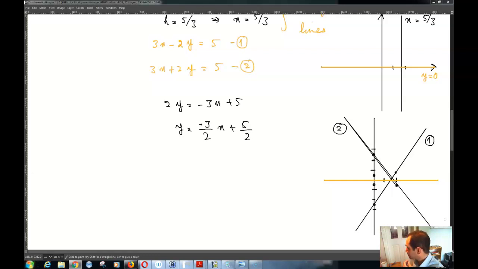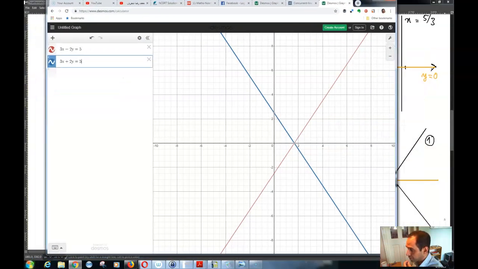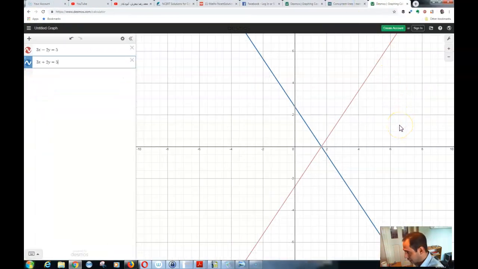As I mentioned, you see that the two lines intersect exactly on the x-axis. I suspected that, because otherwise the solution would have been wrong.